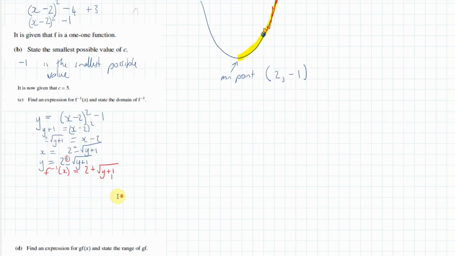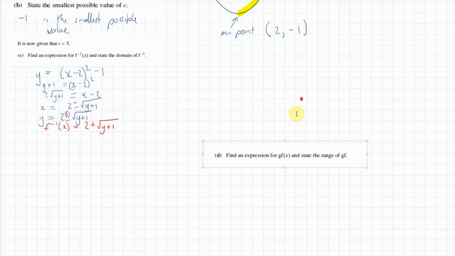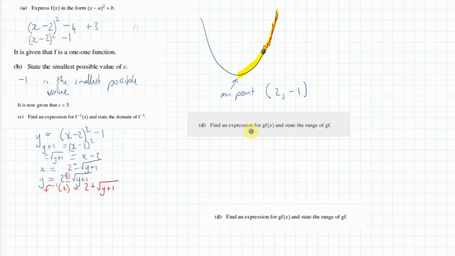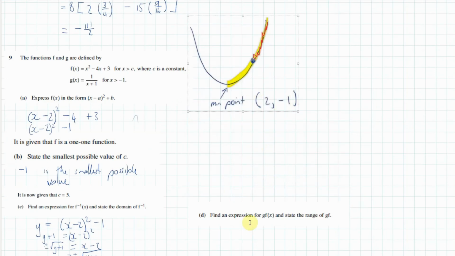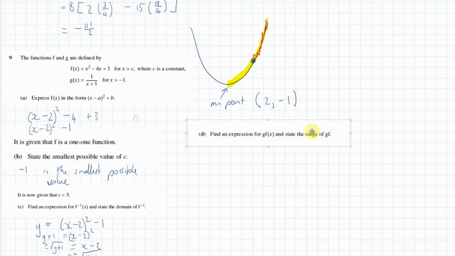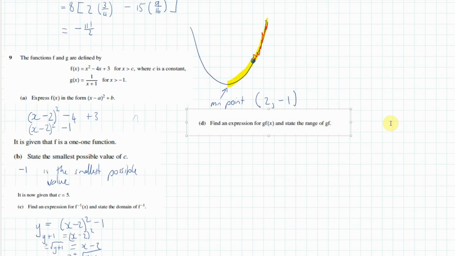Alright, now let's have a look at the final part of the question, and I'll move that up here. Final step. Find an expression for gf(x) and state the range. This is a composite function, and we're going to start off with f(x) and put it into g.